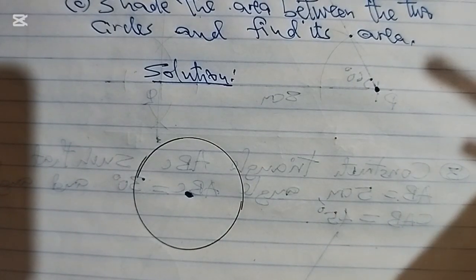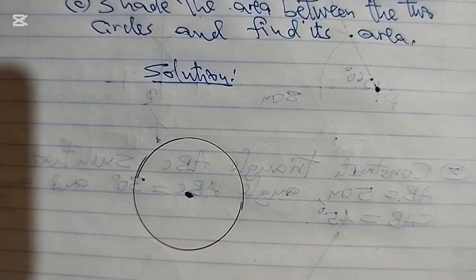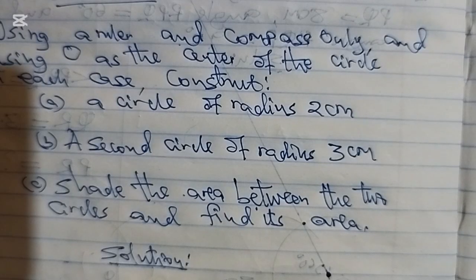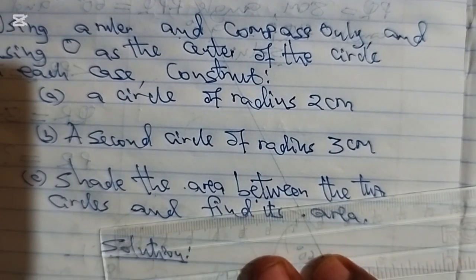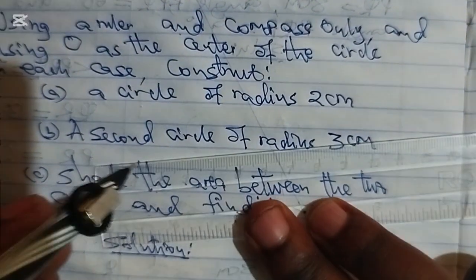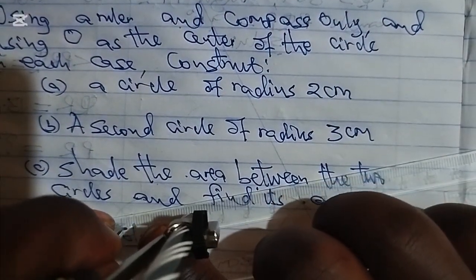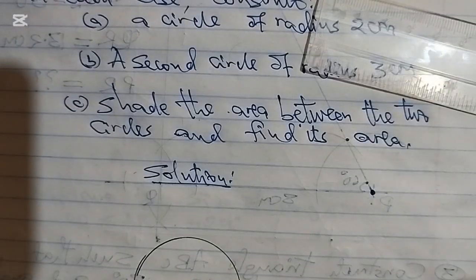Nothing to struggle about. That is my circle. Then part B says a second circle of radius 3 centimeters. So to draw a second circle of radius 3 centimeters, still with O as my center, I measure 3 centimeters. Here is my 3 centimeters.